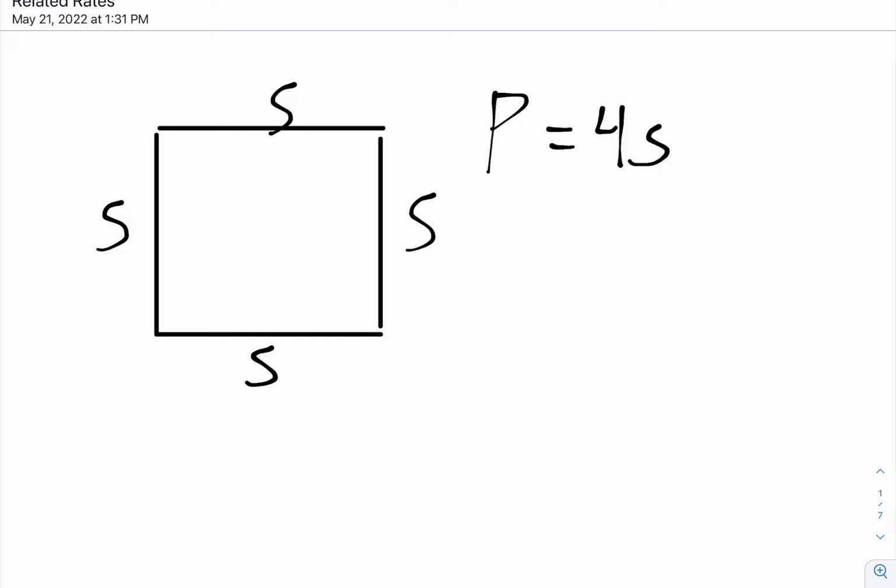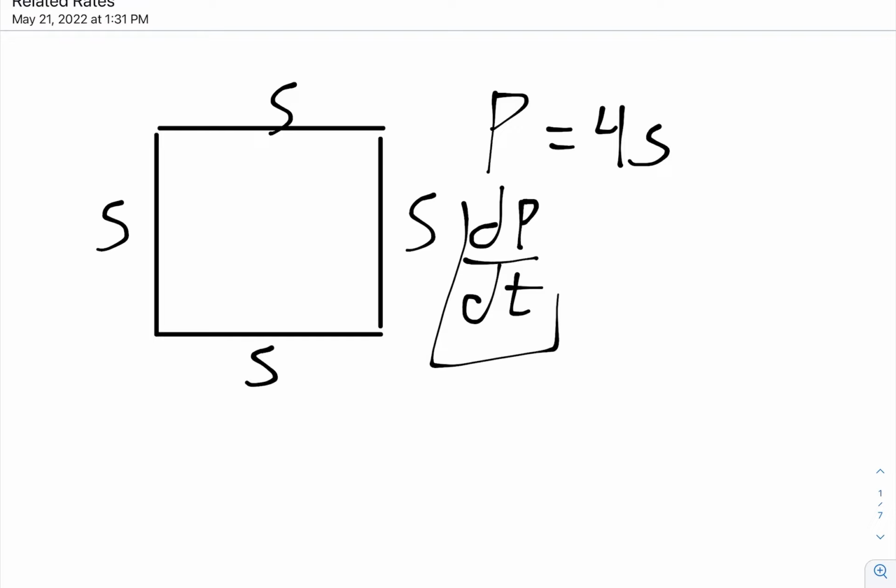Okay, so if we want to find out the rate at which the perimeter is changing, if we know the rate at which the side lengths are changing, we just have to differentiate everything on the left and right. So the derivative of the perimeter, the rate at which the perimeter is changing with respect to time, typically we write that dP over dt.